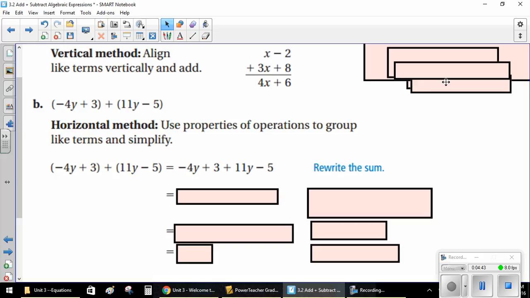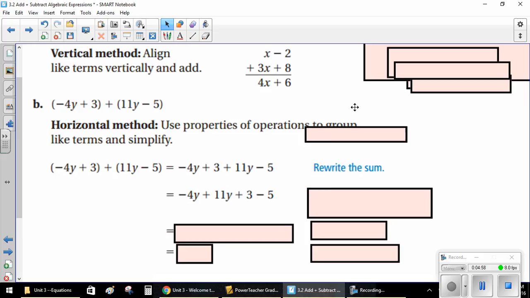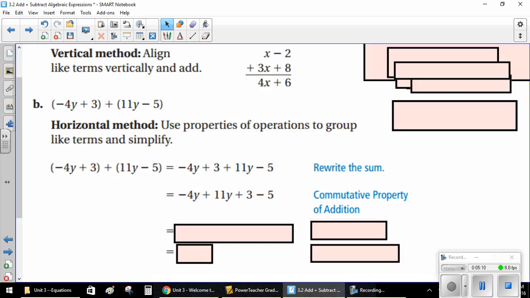So I'm going to rewrite the sum. What I'm going to do here is put all of my y's together. So you notice I took this 11y, positive 11y, and I moved it here. So that means I'm going to take the rest of the problem, plus 3 and then minus 5. Now there's some of you out there who like to take all the negatives and rewrite it, and you can do that as well. So you would use the add the opposite rule.